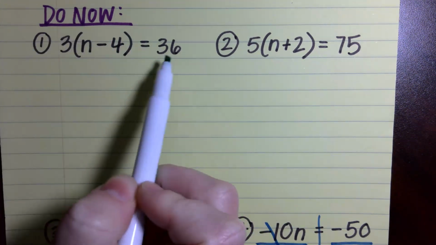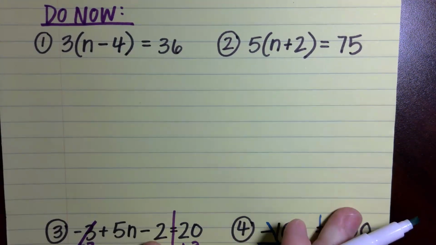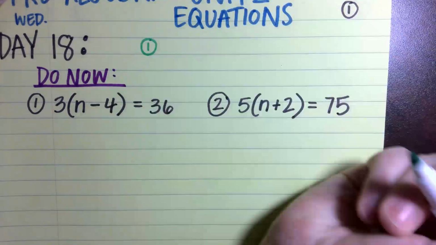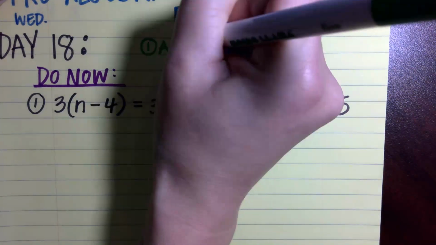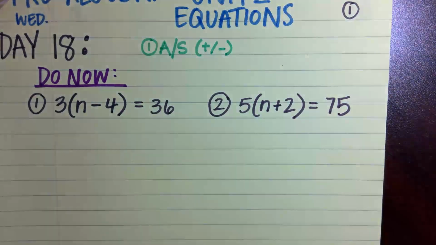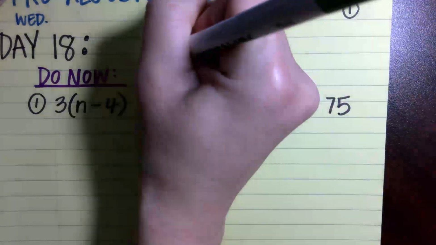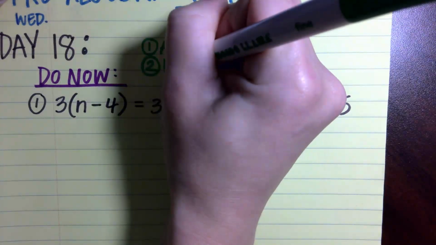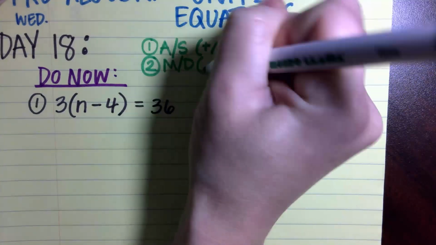Whenever we are solving an equation, normally we like to do addition and subtraction first, and after that, once we finished all the addition and subtraction, then we do the multiplication and division second.